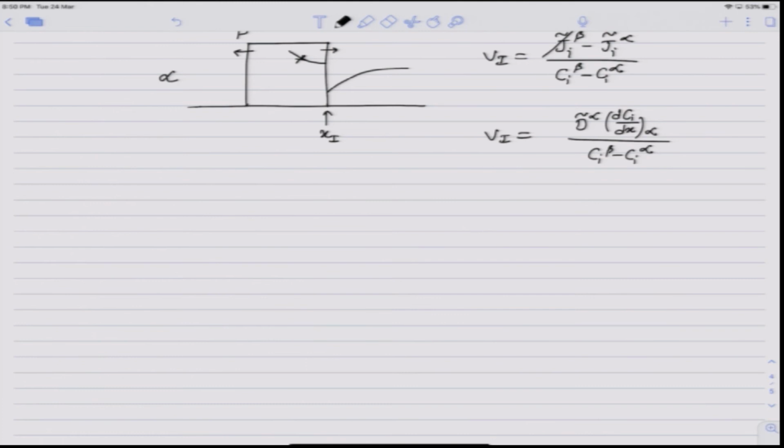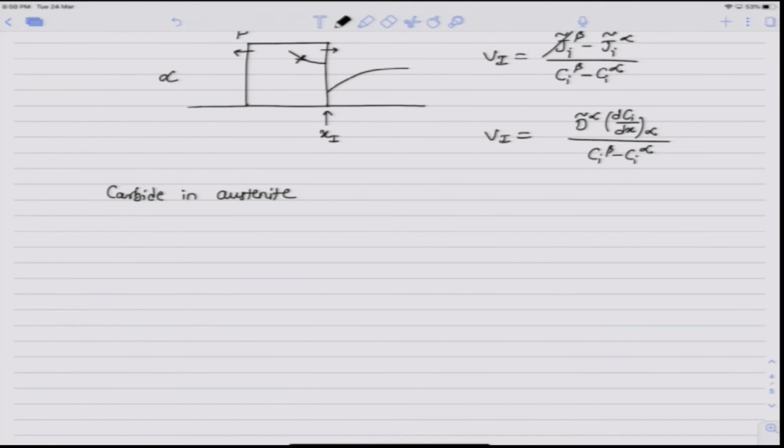So, let us consider for example two different cases that will help us to understand how different concentration profiles are developed depending upon different transformations. If I consider precipitation of, let us say, carbide in austenite, it will be a similar case like this, because carbide concentration is higher.